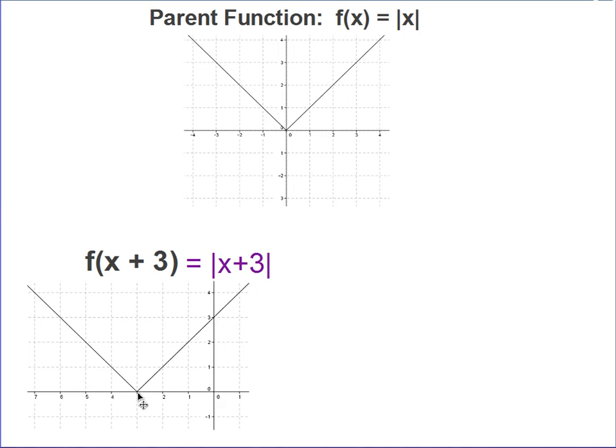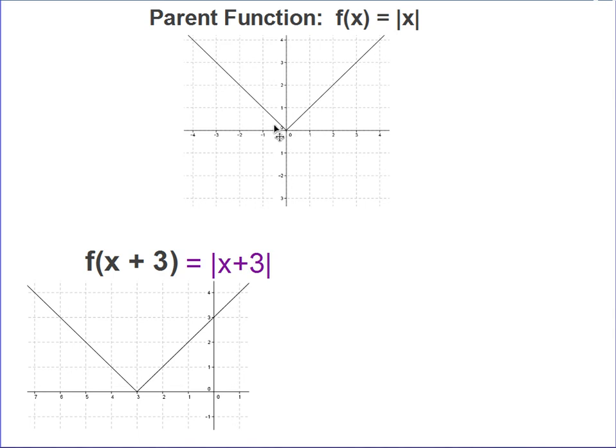Notice that our new vertex, or 0, is where x is -3. -3 plus 3 is 0, and the absolute value of 0 is 0. I can keep doing that for as many points as I need to. -5 plus 3 is -2, and the absolute value of -2 is 2. I substituted in a -5 and got a 2 in return.